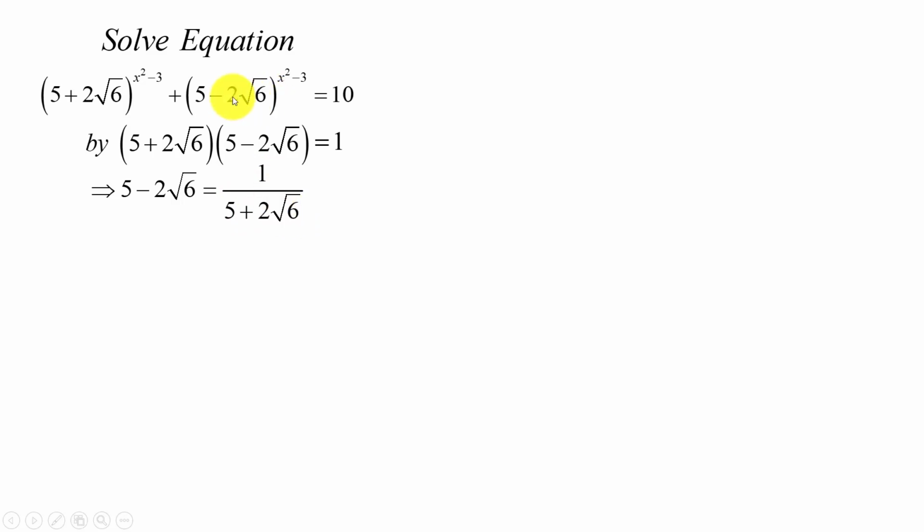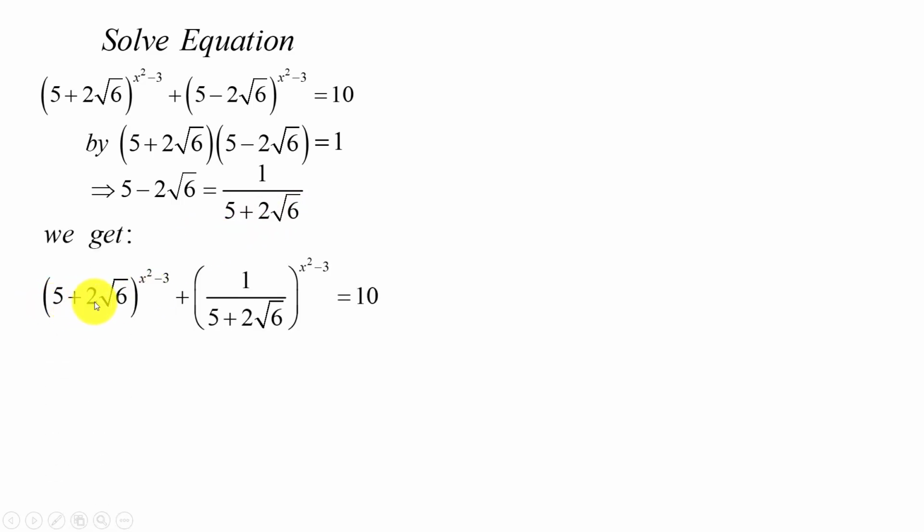And now I substitute 5 minus 2 square root 6 by 1 over 5 plus 2 square root 6. So I get (5 plus 2 square root 6) all power x squared minus 3, plus 1 over (5 plus 2 square root 6) all power x squared minus 3, equal to 10.